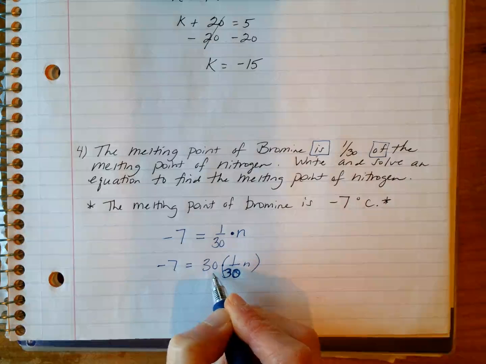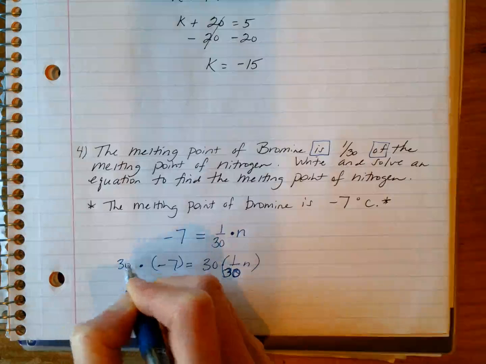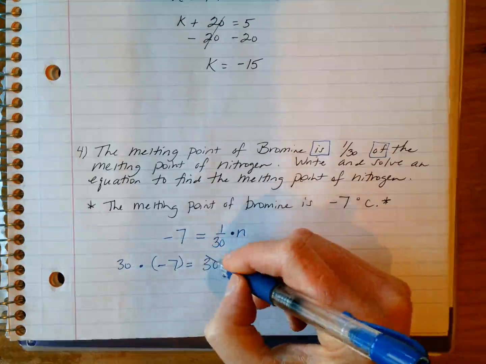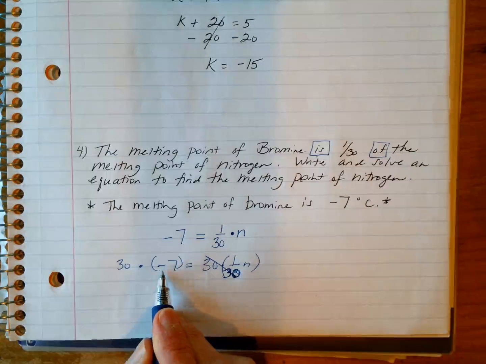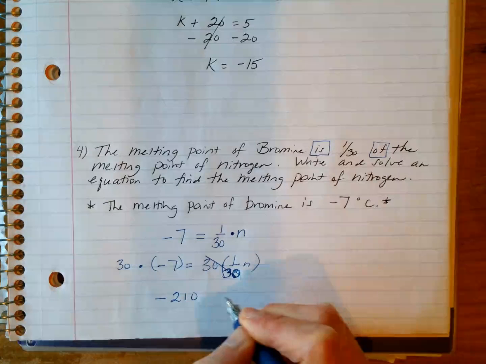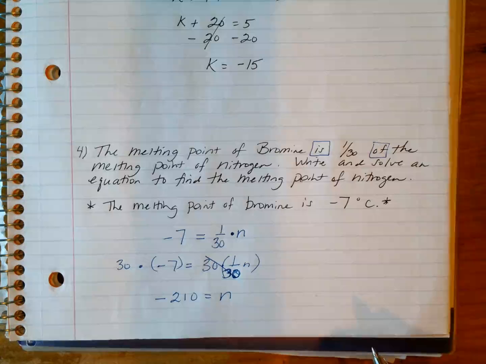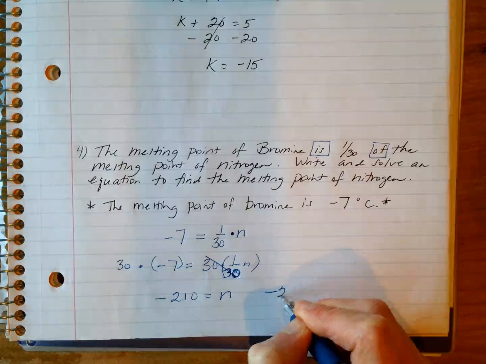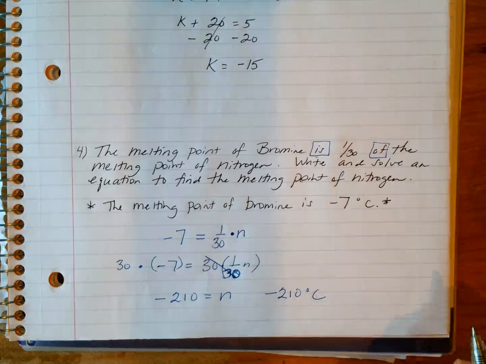Since we multiplied by a positive 30 over here, I'm going to multiply by a positive 30 there. That has now gotten rid of this. Positive 30 times a negative 7 gives me a negative 210 equals n. So the melting point of nitrogen is negative 210 degrees Celsius.